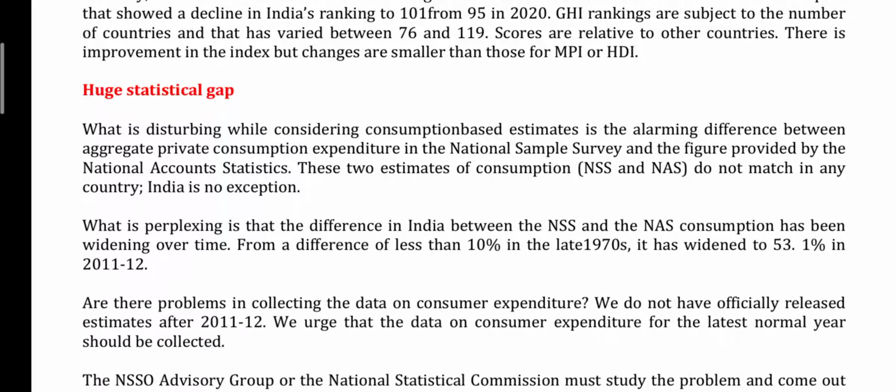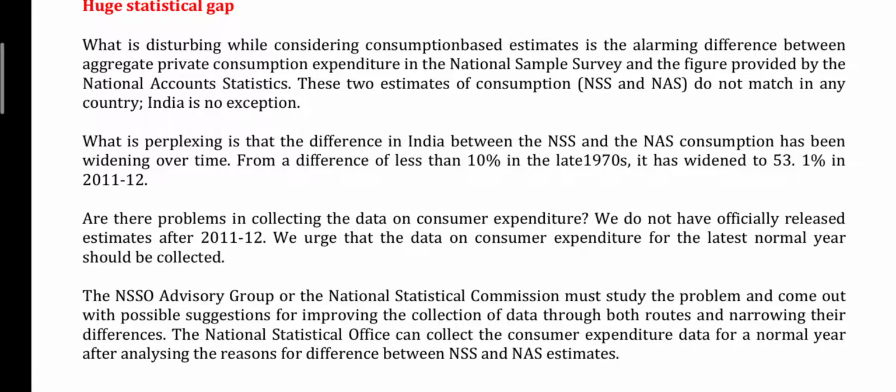Huge statistical gap. What is disturbing while considering consumption based estimates is the alarming difference between aggregate private consumption expenditure in the National Sample Survey and the figure provided by the National Accounts Statistics. These two estimates of consumption, NSS and NAS, do not match in any country.